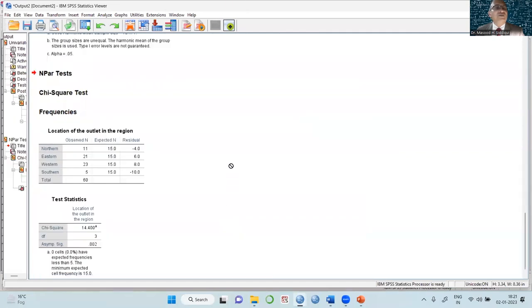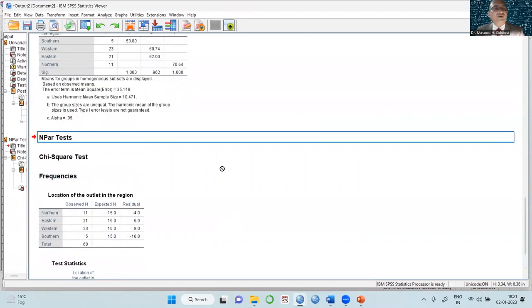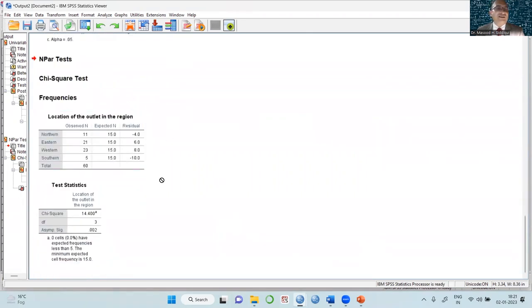So this is the output for the chi-square test. Now at present, we have 11 outlets for the northern, 21 for the eastern, 23 for the western, and for the southern, we have 5.